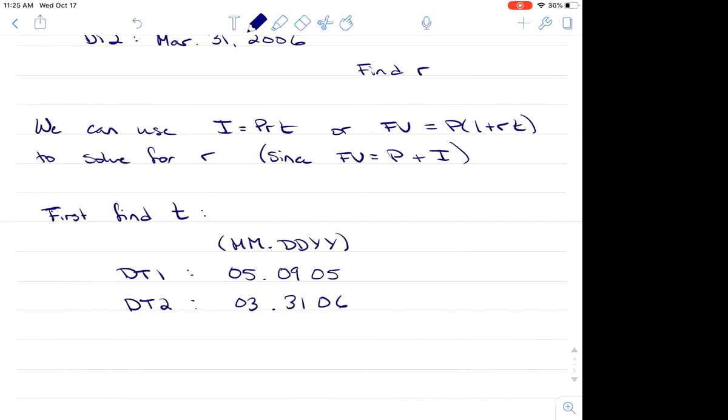Hang on. 05.09.05. It just ignores my second decimal. So that's nice. Enter. Guess it's a little flexible.